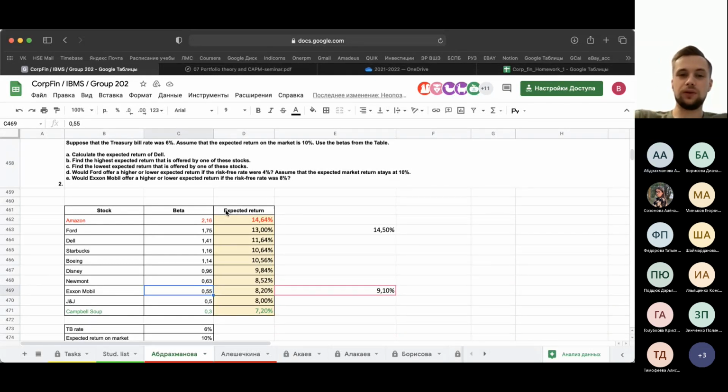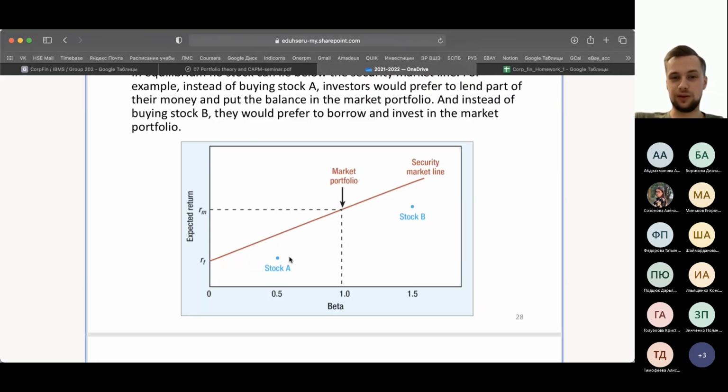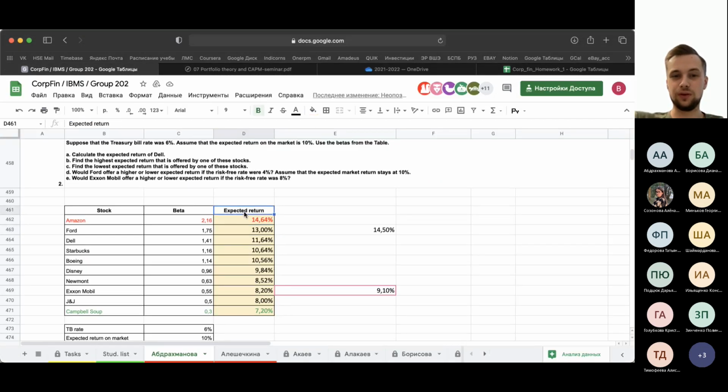So, and if we're talking about the expected return, actually, what is it about? How can we use it in real life? So it's not the real return that the stock provides, right? It's something that is expected. So it's something that is predicted by this theoretical model. Yes, we take some inputs and then predict the return that should be provided by this stock.